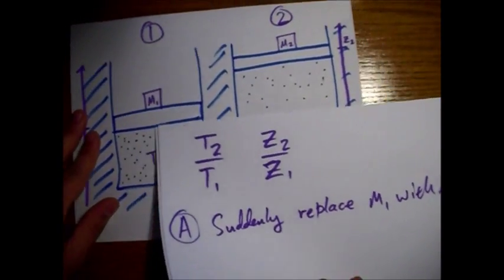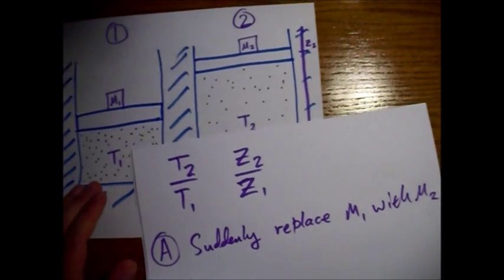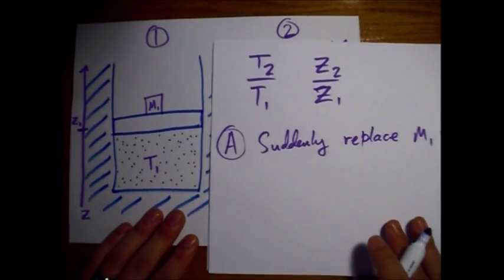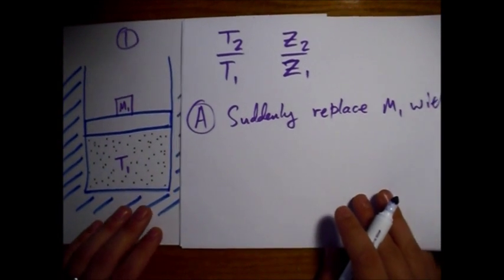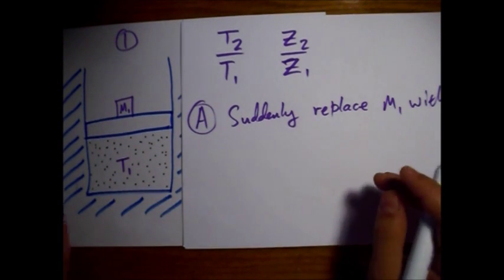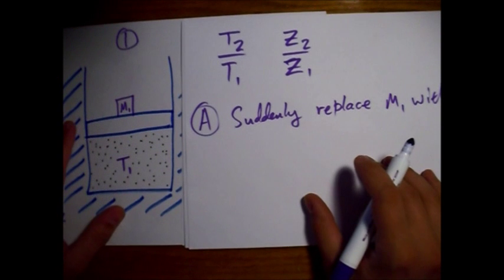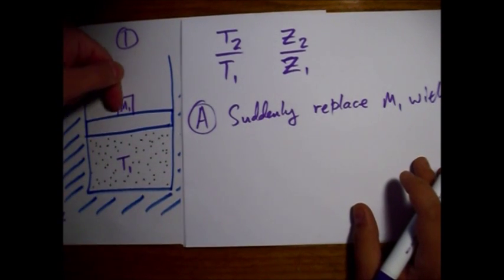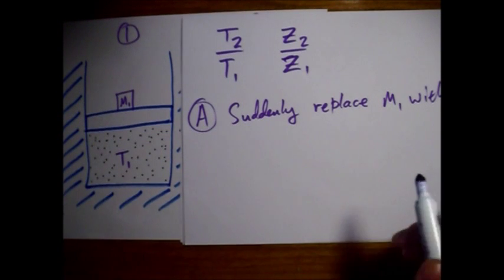All right, so let's just look at what we have here. Again, we use conservation of energy as well as the pressure, meaning this gas exerts a pressure and it has to balance the pressure of the mass above it.